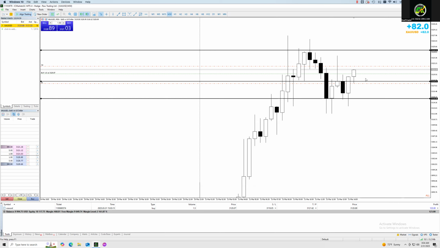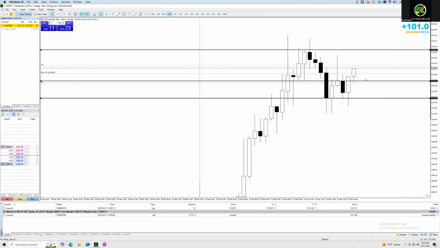Almost there. All right, we closed 50%, and we're going to put the stop loss at break even.